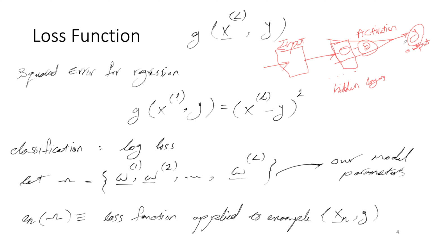So now, given this output in a training phase, just like before, we have to use the information we got here, and you should compare this to the true y.